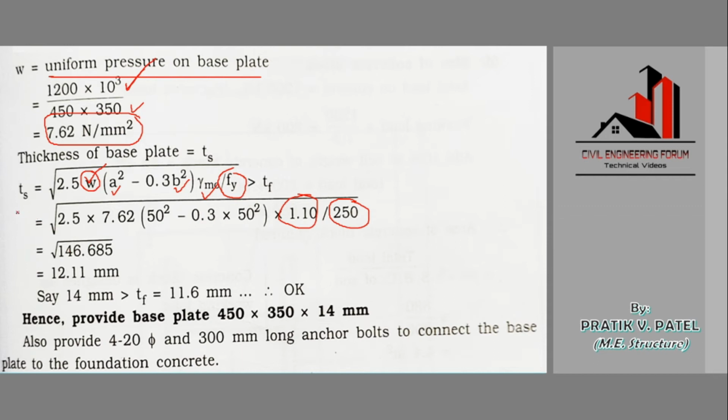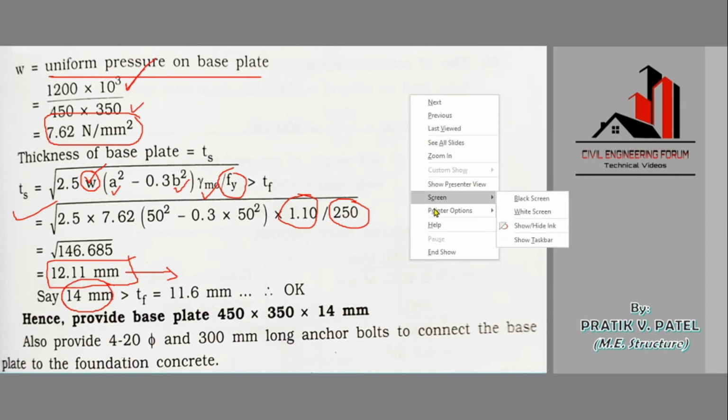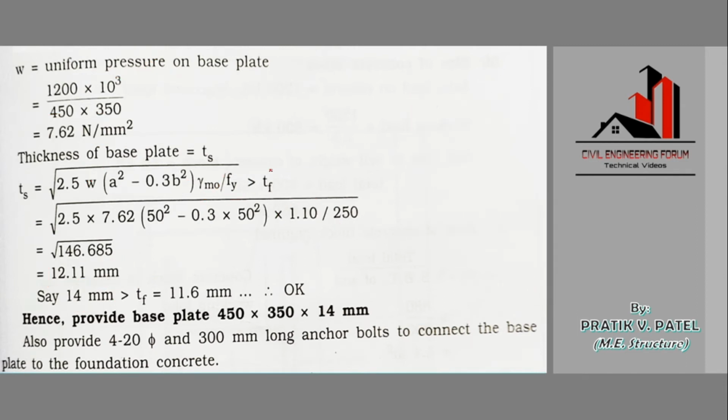So solving this equation, we get the answer 12.11 mm thickness of the plate, but this thickness of the plate is not available, so we are taking 14 mm. Now checking for the condition, it should be greater than the thickness of the flange. So 14 mm should be greater than the thickness of the flange.